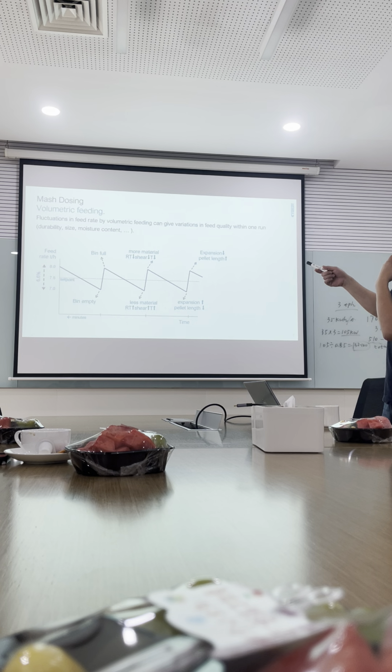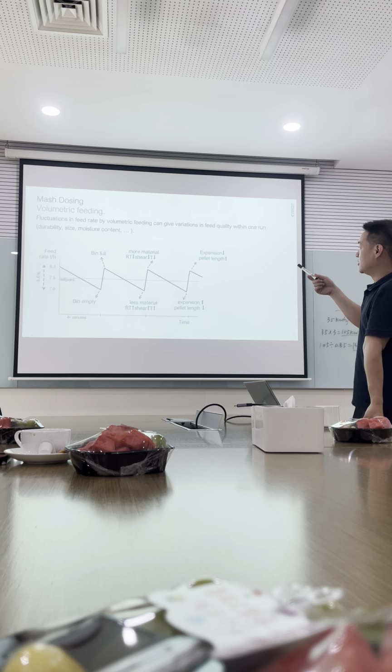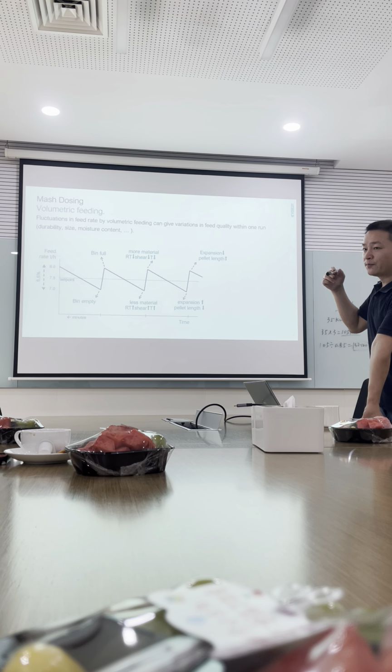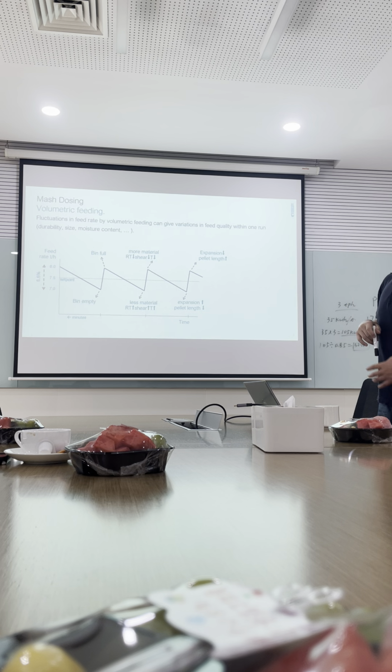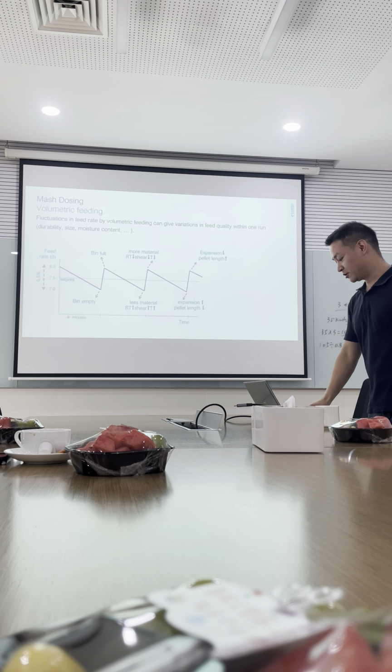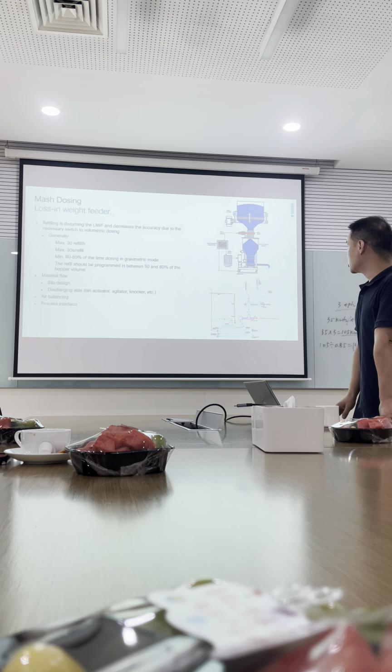And that causes the effect that the bulk density is not stable, because the bulk density of the raw material at the bottom of the bin is quite different from the raw material at the top of the bin, right? Because the bottom is being compressed, bulk density is higher. So your feeding to the extruder is not stable. So that's why we choose the loss-in-weight feeder.